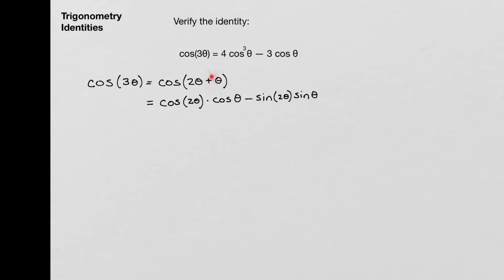So remember, when it's cosine and we're adding two angles, A and B, then if it's plus, then we have a minus in our formula. It's just the reverse. Okay. Now, I have cosine 2 theta, and I have 3 formulas for cosine 2 theta. I have 3 different ways of writing that.